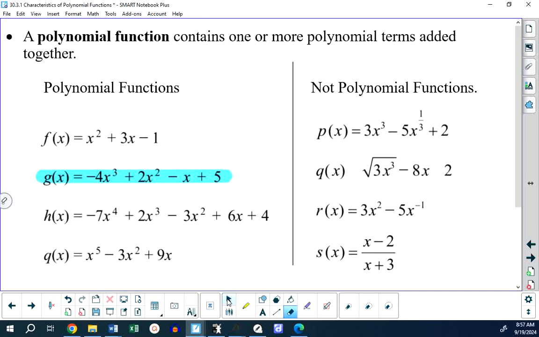When I put different values of x, maybe I generate a table of values. This term of -4x cubed is determined by what I choose for x. If I choose 1, it's -4. If I choose 0, it's 0. If I choose 2, it's -32. It depends on x. Every term here depends on x except for this term, 5. 5 is a constant. It doesn't matter what x is. That term will contribute to the whole thing, 5.